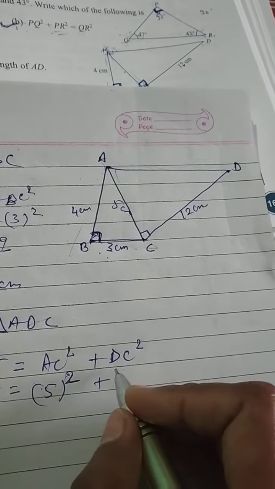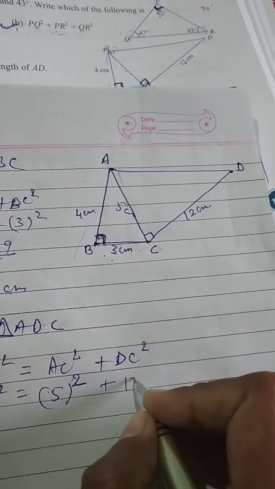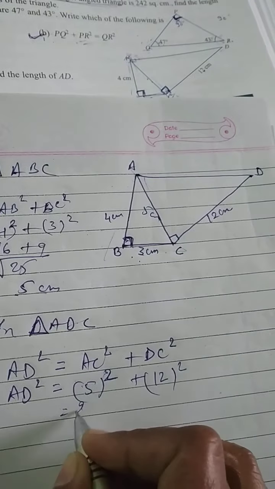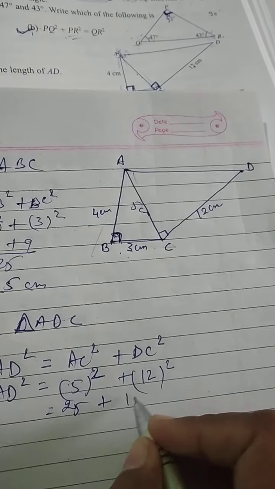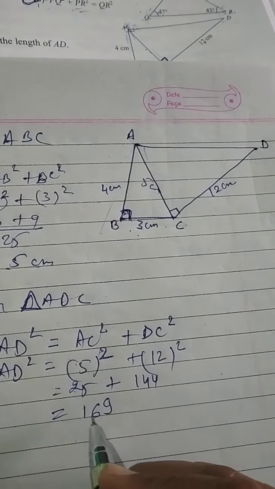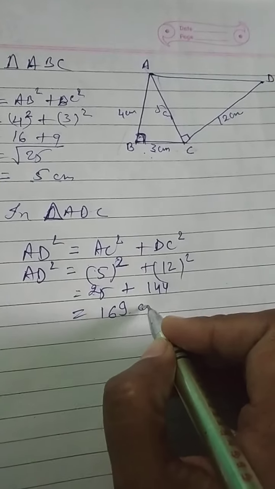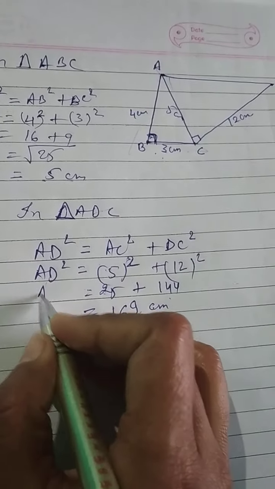Make its square, and DC is given how much? 12 centimeter. So 5 fives are 25 and 12 twelves are 144. Just add this. We will get here 169. Okay. 169 centimeter AD square.